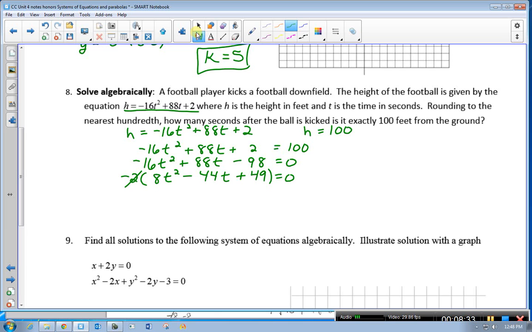So the negative 2 is going to divide out. This does not factor, so I'm going to use the quadratic formula. So t equals negative b plus or minus the square root of b squared minus 4ac, all over 2a.